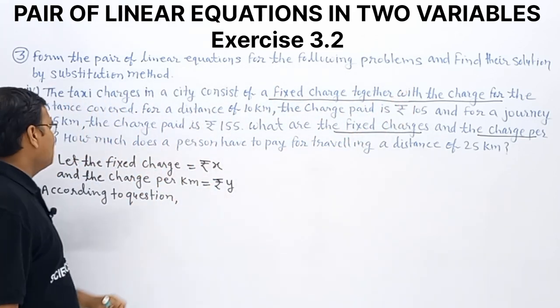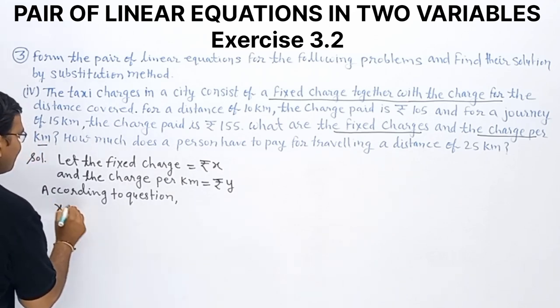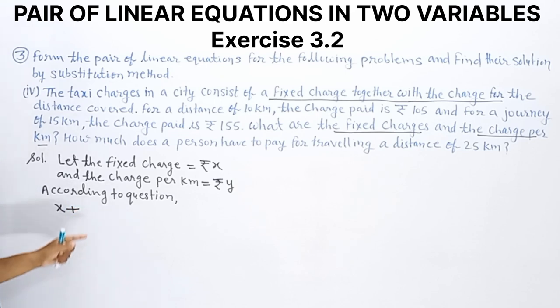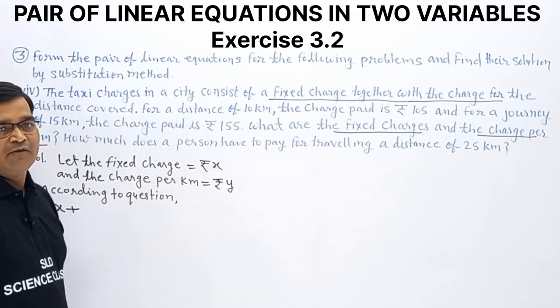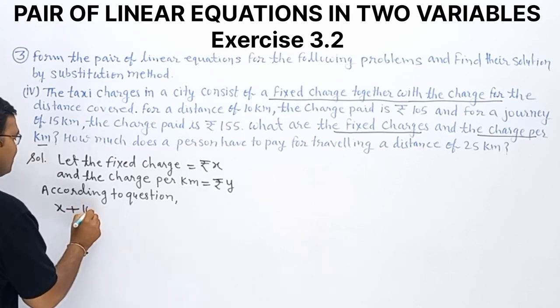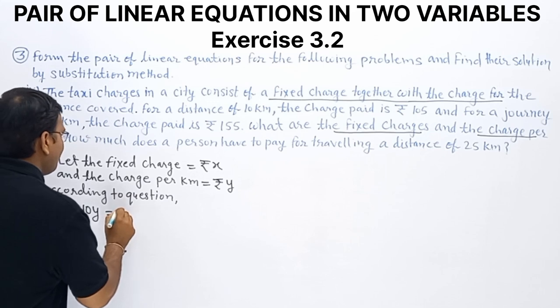So we can write the fixed charge x rupees plus 10 kilometers times the charge per kilometer y. So we can say x plus 10y equals 105.